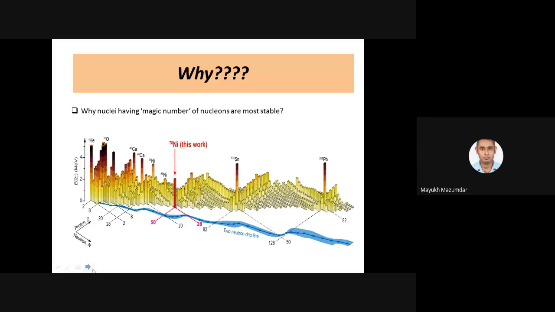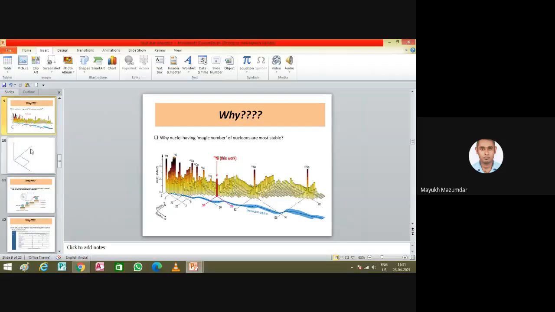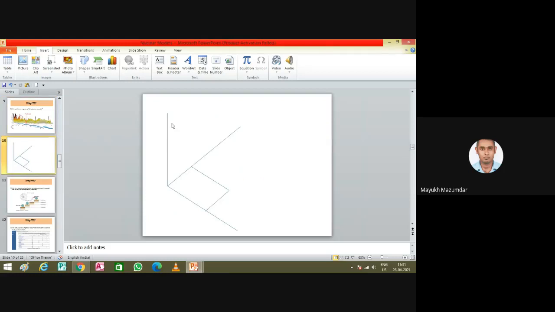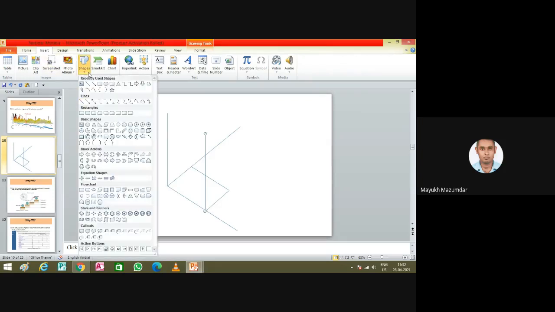Now what about the three-dimensional thing? Suppose this nuclei has a binding energy of 5 MeV. So where will I plot the binding energy? This way. Suppose this much is 5. So what I will do is connect everything like this, because this entire thing represents 5 MeV.